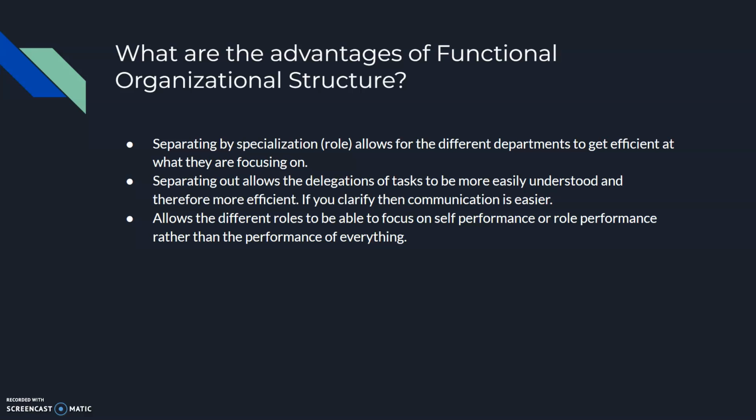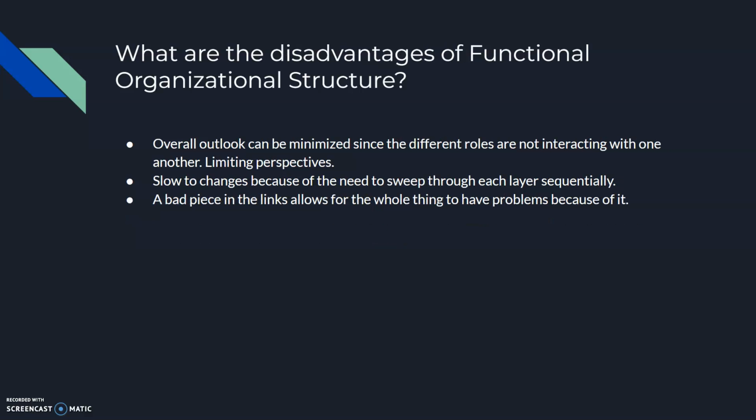Each department needs to do their own thing, and therefore they're able to do it effectively once they get in the rhythm of it. They work codependently with other people in their role, like teachers work well with teachers. Then they don't try to overstep their bounds with the janitors or the cooks or anybody else of that kind of department. Alright, so next, what are the disadvantages of functional organizational structure?